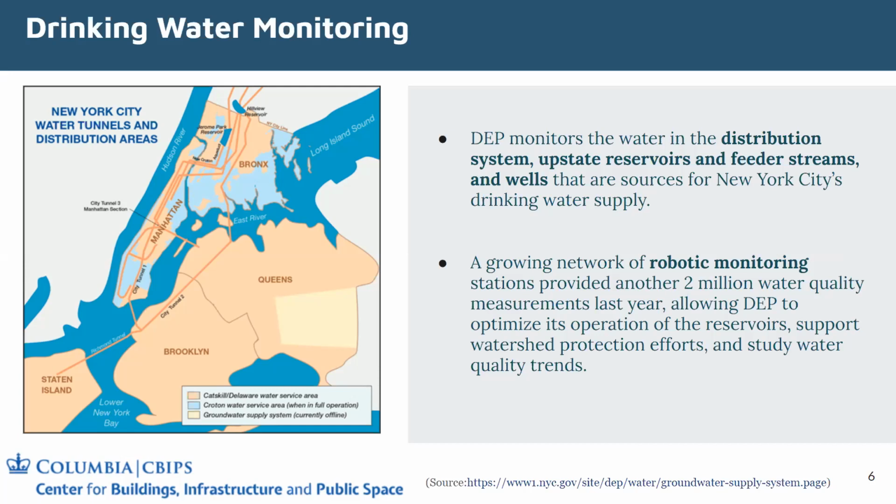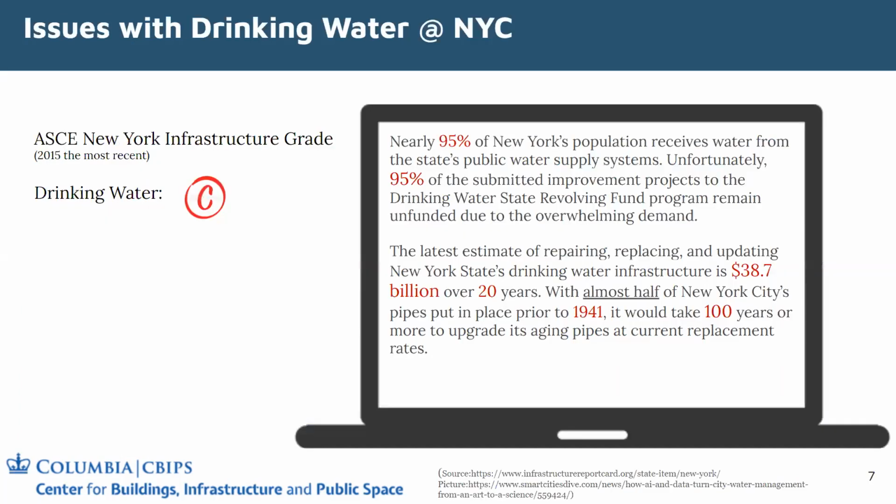So a growing network of robotic monitoring stations provided another 2 million water quality measurements last year, allowing them to optimize the operation of the reservoirs, support watershed protection efforts, and study water quality trends. So the next slide is, we found this website. The study was conducted in 2015. So this website gave the drinking water in New York City a grade of C.